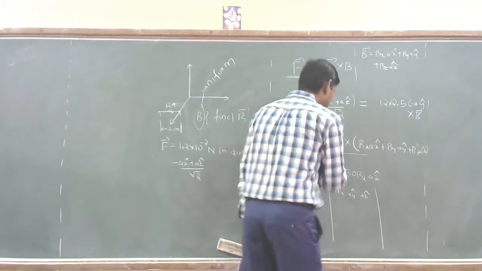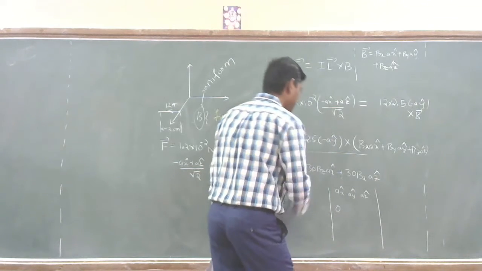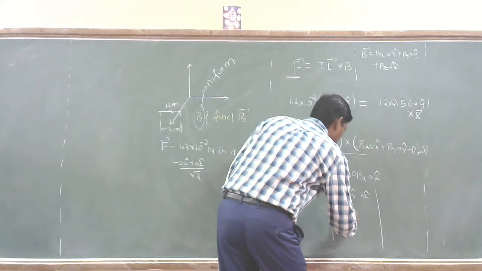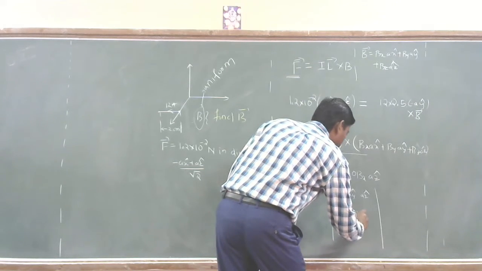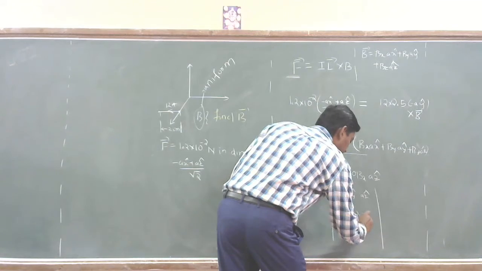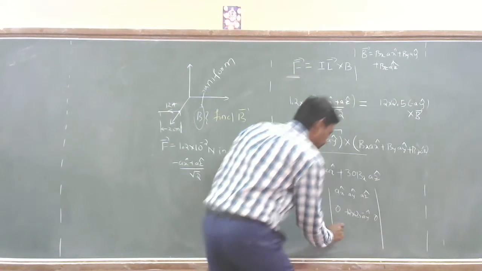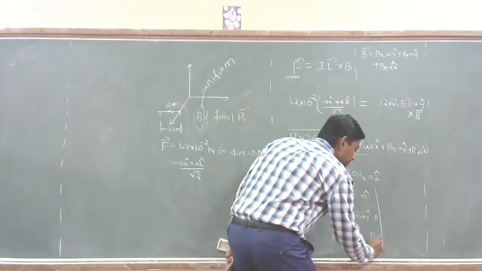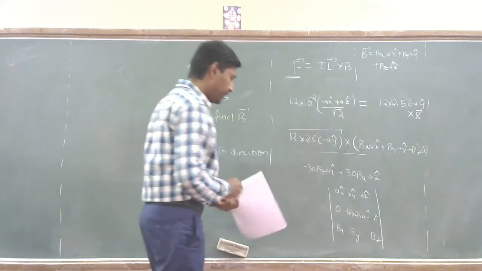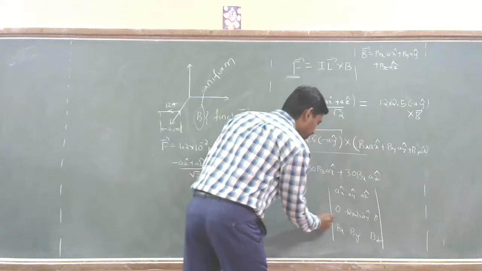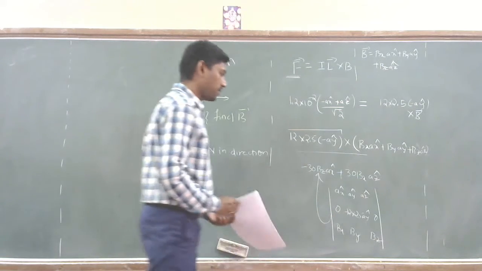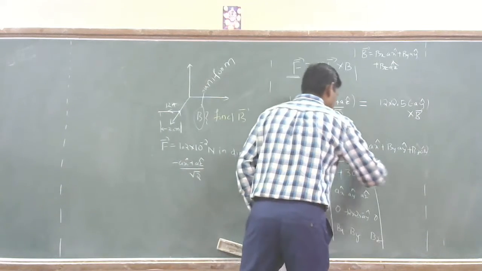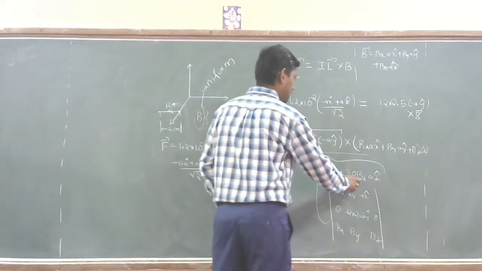And this vector has only a y component, which is 12 into 2.5 minus ay hat, and 0. And then you have Bx, By, and Bz. When you do this determinant, you get this result. So we have computed the right hand side.